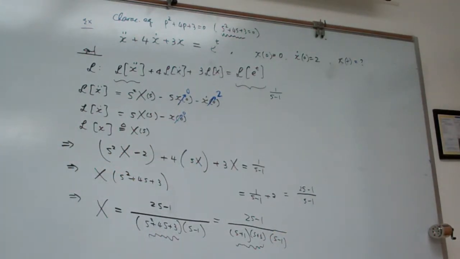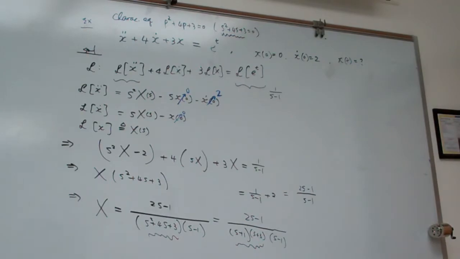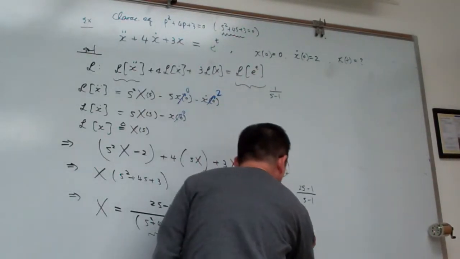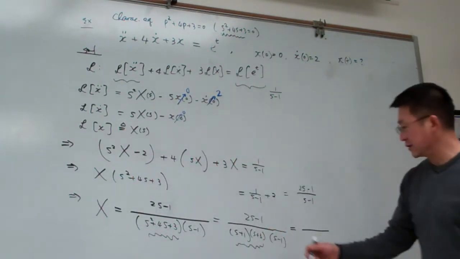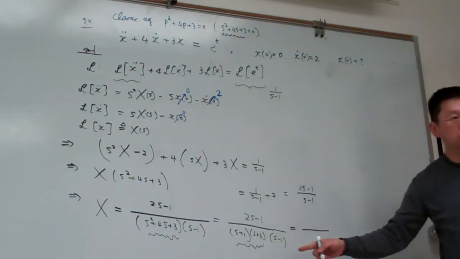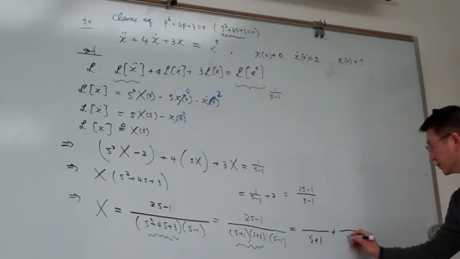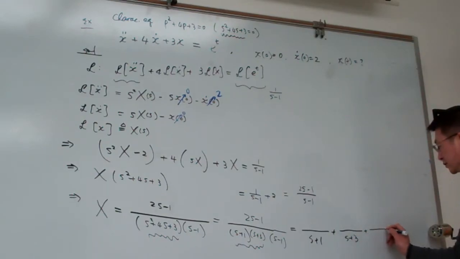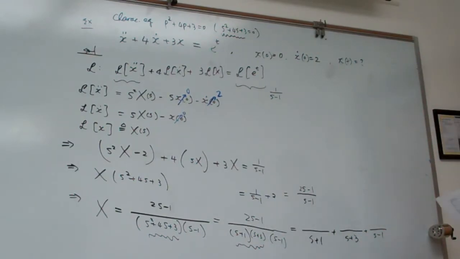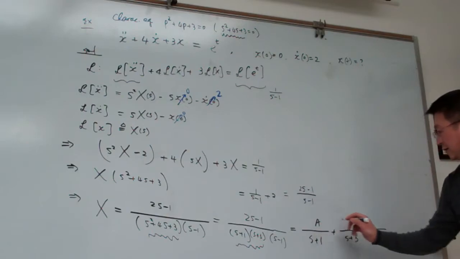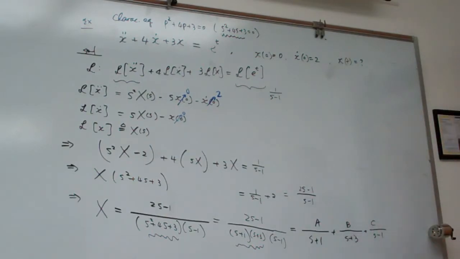You good? Okay, and then for the remaining, we simply factorize the whole thing. So right now we have everything here, and this is a simple case, so we can do this very straightforwardly: s plus 1, s plus 3, and s minus 1, and the coefficients are A, B, C. To determine A, B, C, you can repeat the techniques we just did.